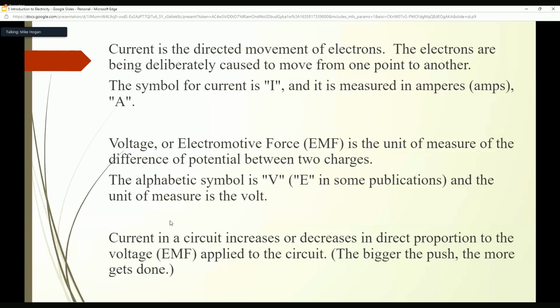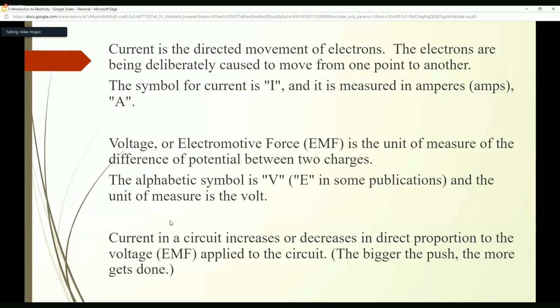As we increase the difference of potential between the negative and positive charges, so maybe it's not 1 volt, but maybe it's 10 volts, or 100 volts, or 1,000 volts, that increases the potential difference between the two terminals. That's the same as increasing the elevation, high to low, with the water flowing.